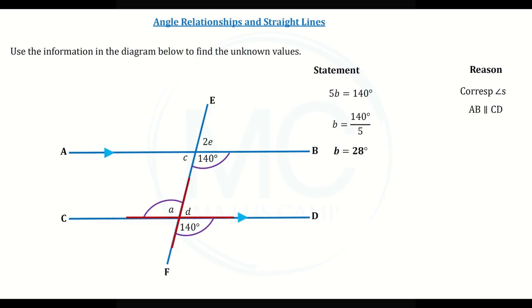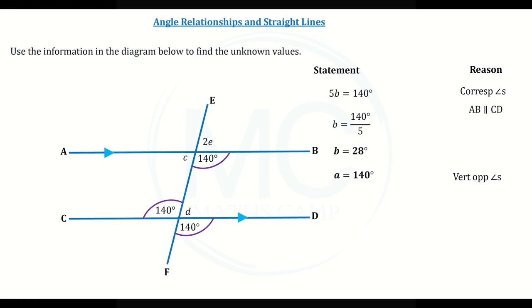So A must also be 140 degrees. So let's make our statement up here. The reason why A is 140 degrees is because they are vertically opposite angles. Now we can take out our red lines. Let's take out A and we can replace it with 140 degrees.